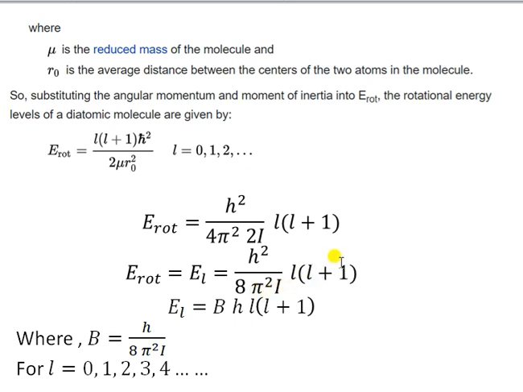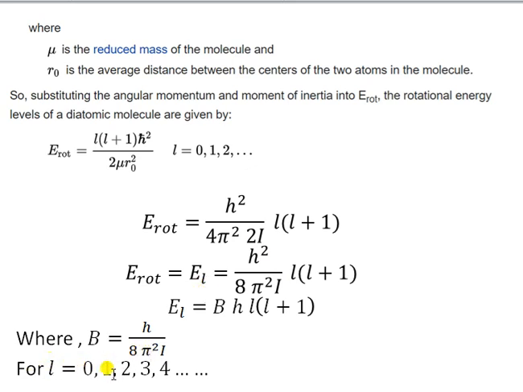Now we replace this by E_L is equal to B L(L plus 1), where B is the constant h square divided by 8 pi square I. Here we have split h square into two parts, that's why.